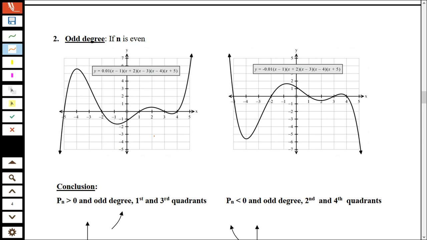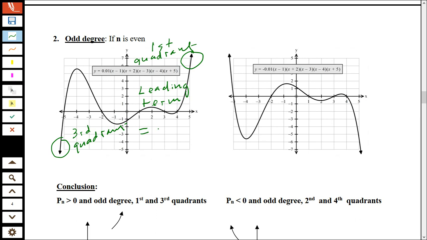Okay, so if we're looking at, let's change colors here, it begins in the third quadrant and it ends in the first quadrant. Okay, now what about the leading term? See if you can pick what the leading term will be.